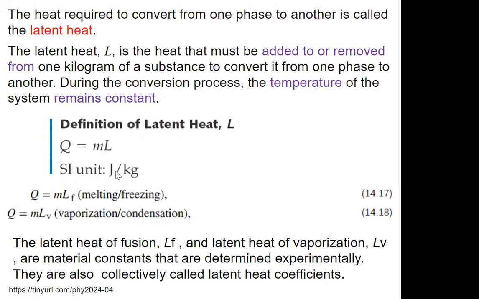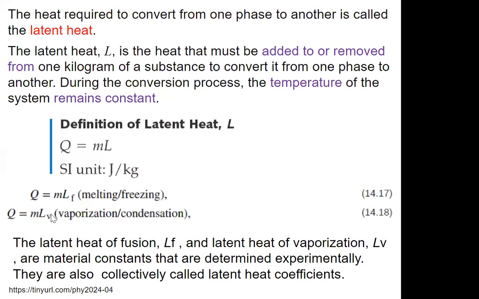Now you could have different processes, melting or vaporization, so latent heat for different processes. If it's melting, you use L sub F, where F stands for fusion, and for vaporization it's L sub V, V standing for vaporization.